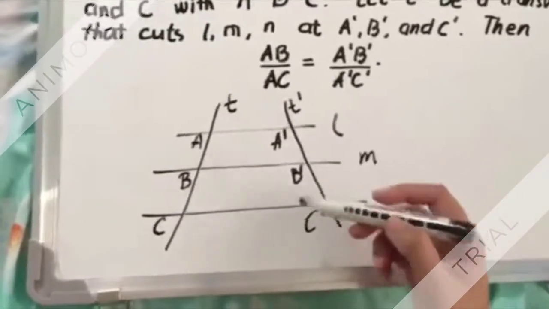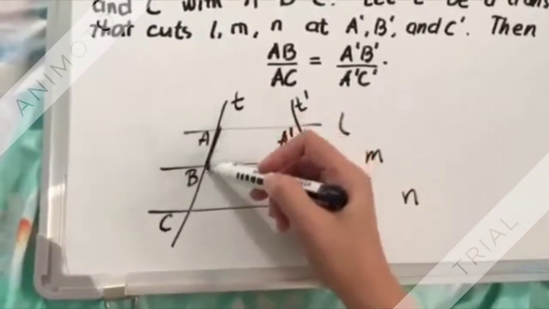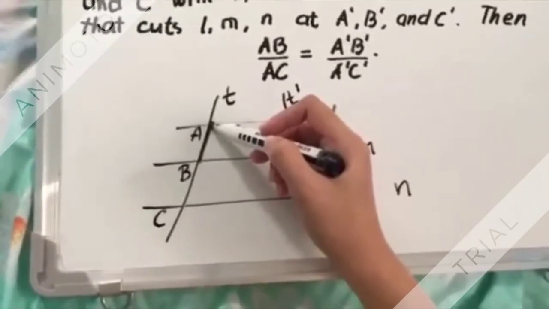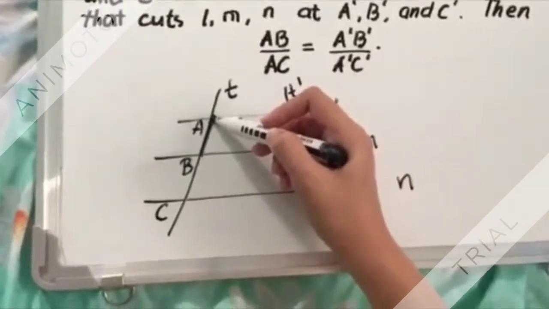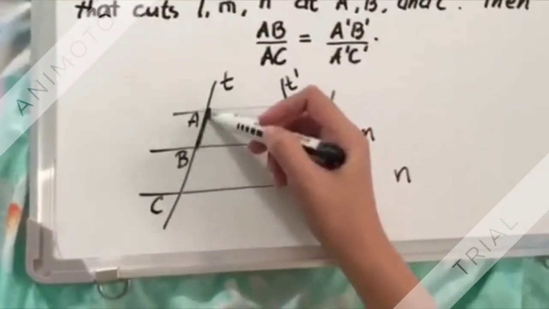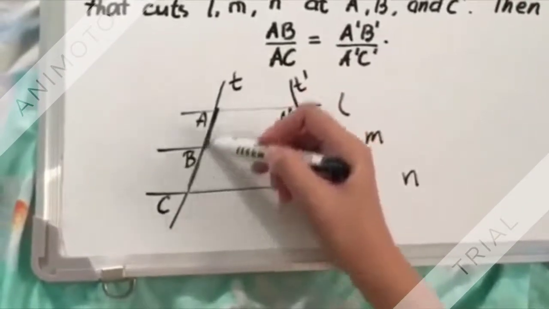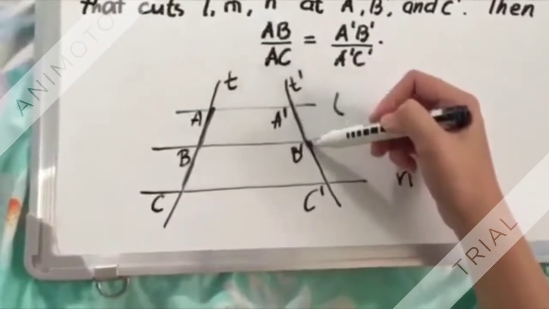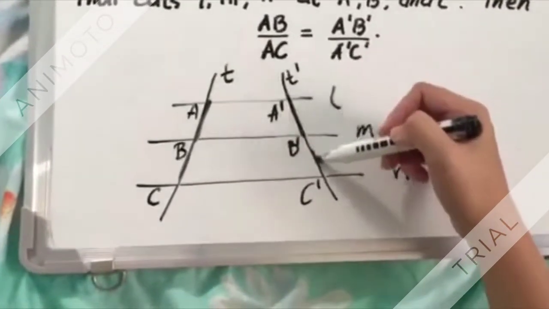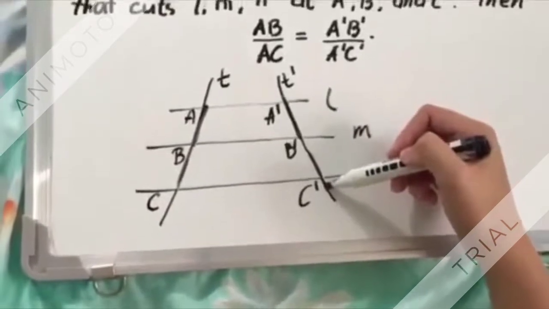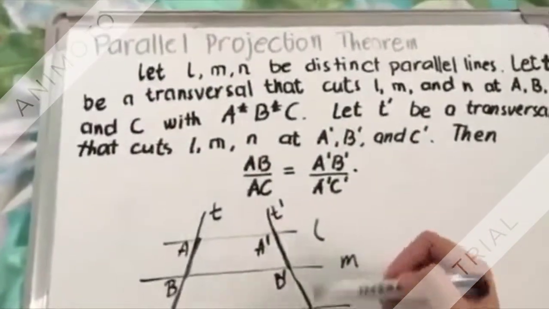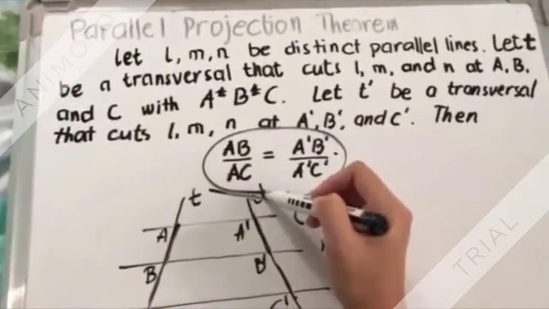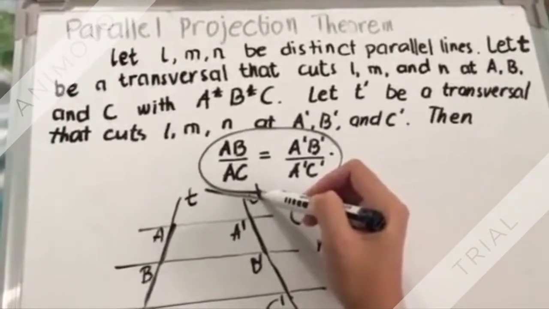Here is the claim: the ratio between AB and AC is the same as the ratio between A prime B prime and A prime C prime. To really prove the parallel projection theorem, let's proceed to a lemma.